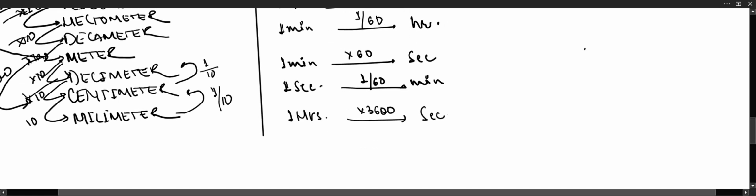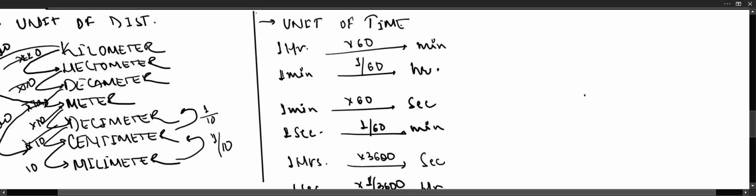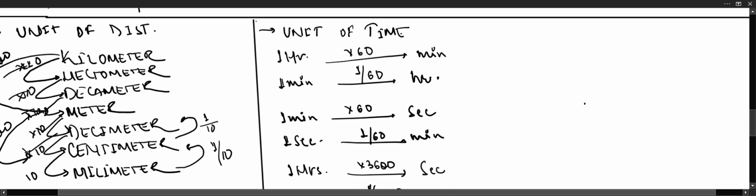Again 1 second into hour, that is 1 by 3600. So this was all about conversion of unit of time.